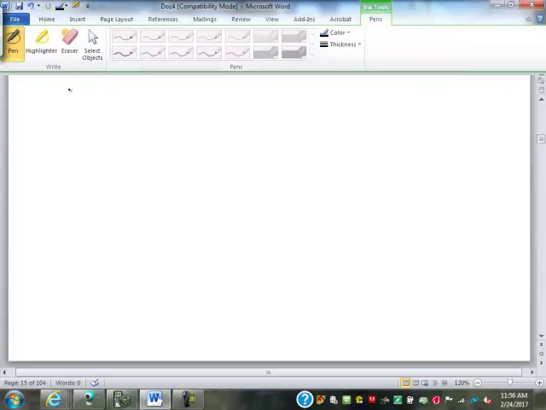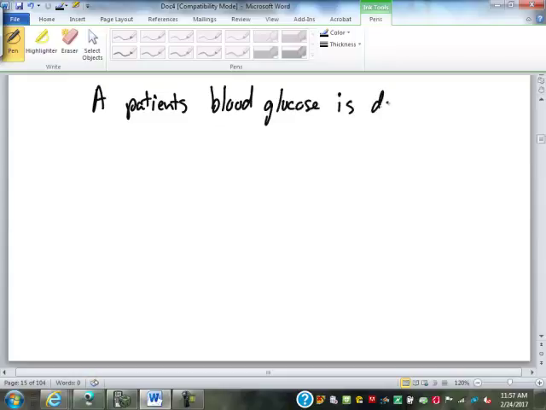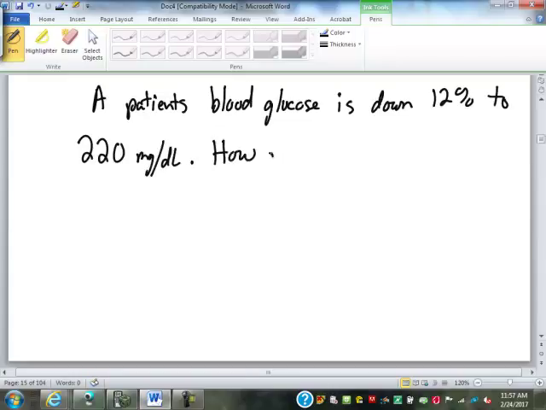So let's say that a patient's blood glucose is down 12% to, let's see here, 220 milligrams per deciliter. How much has it decreased?